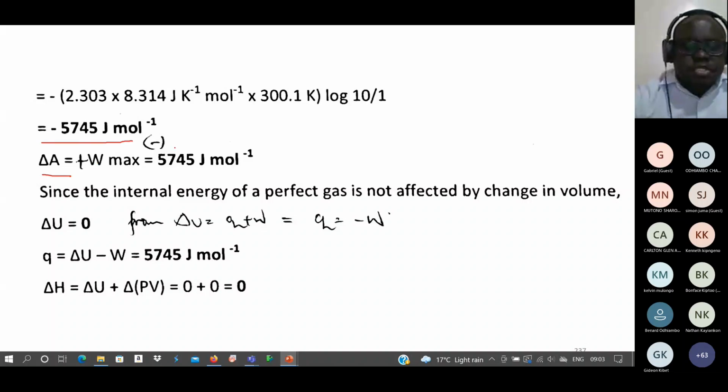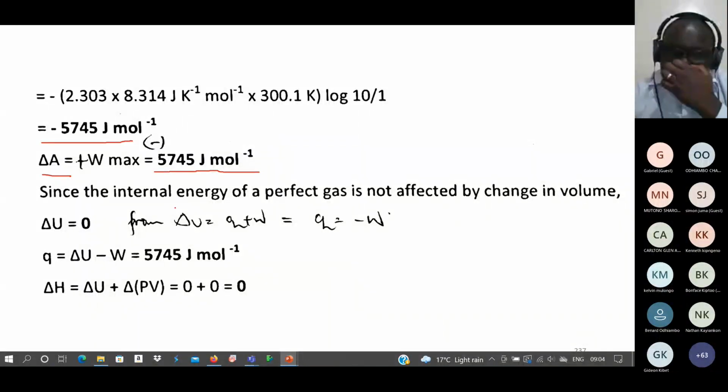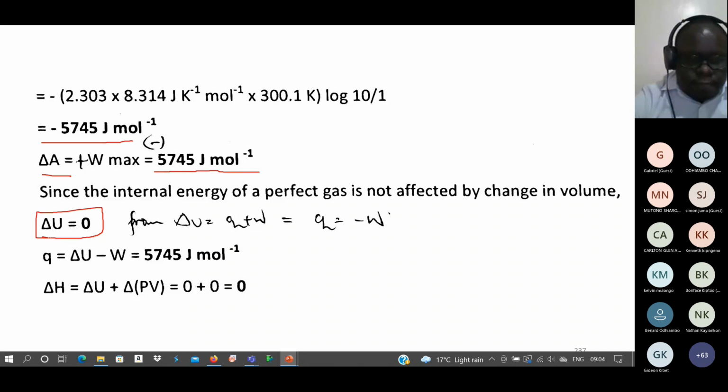So delta A is also going to be minus 5,745 joules per mole, the same value as W. We said this process is taking place isothermally, and when the process is isothermal, delta U equals 0.